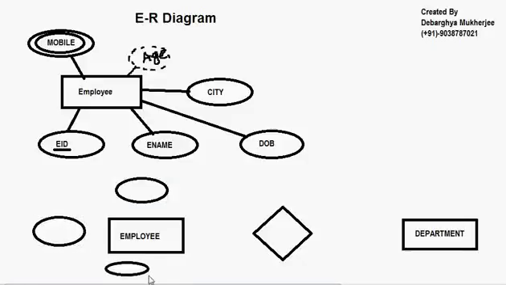For this example we are taking three attributes for employee: EID, name, and DID. DID means department ID.